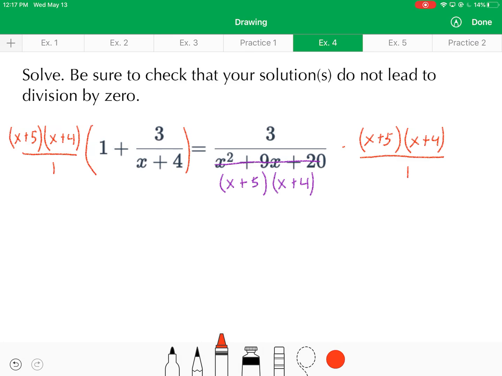Make sure on the left side that this is multiplying both the 1 and the 3 over x plus 4.